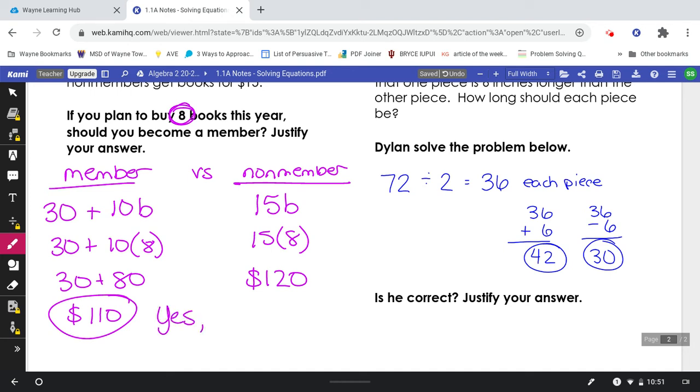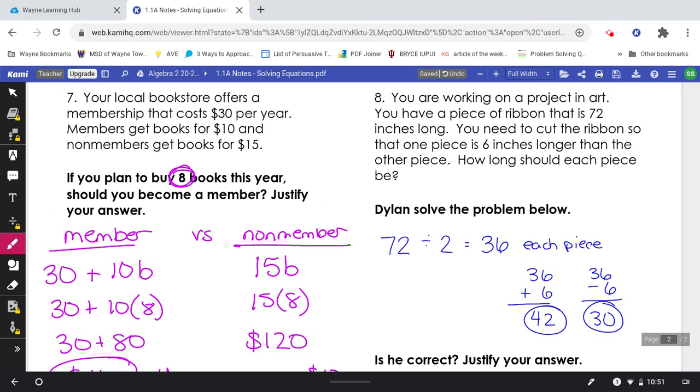Yes. You can either leave it like that, and I can see that work, or you can say, yes, you save $10 by being a member. Again, as long as you've shown some sort of mathematical work to prove your answer, you're good.